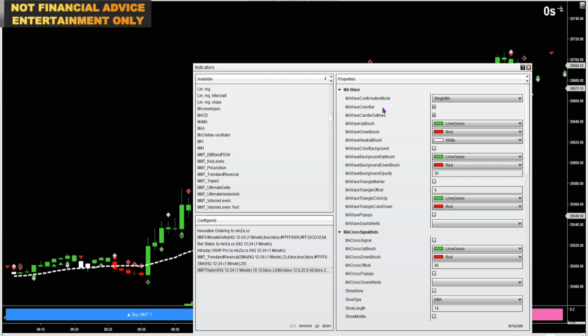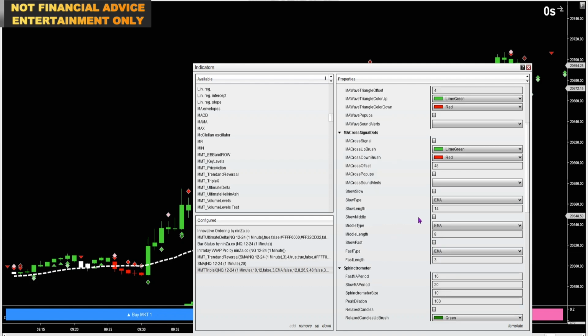I've got the moving average wave painting the bar color and the candle outlines. And I've got this in single moving average mode, not double. And these are the default moving average periods, a 14 EMA, an 8 EMA, and a 3 EMA.